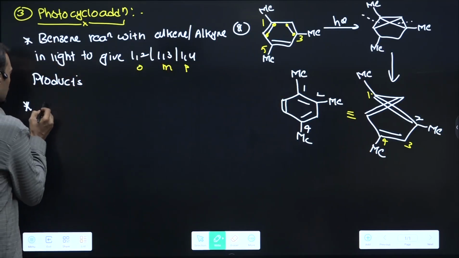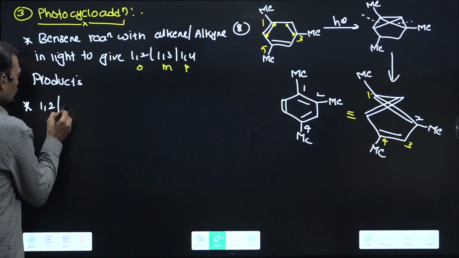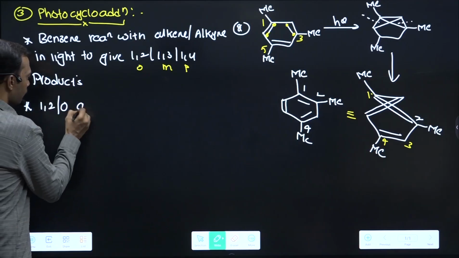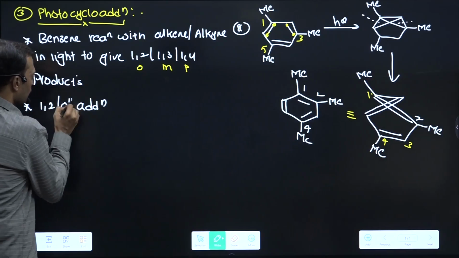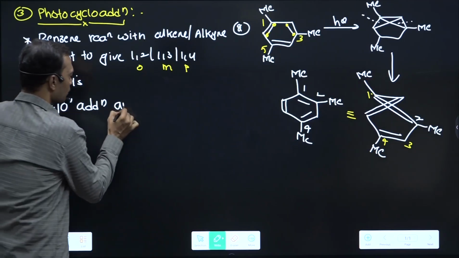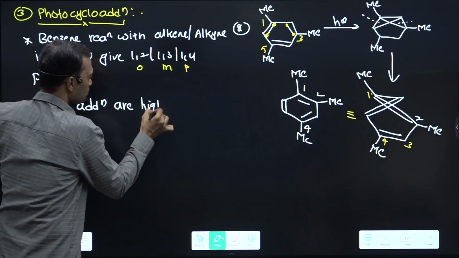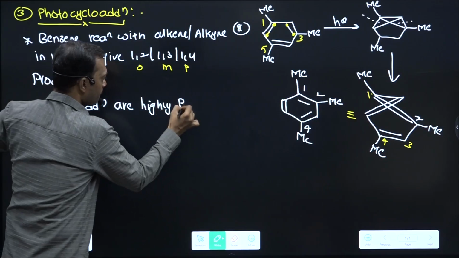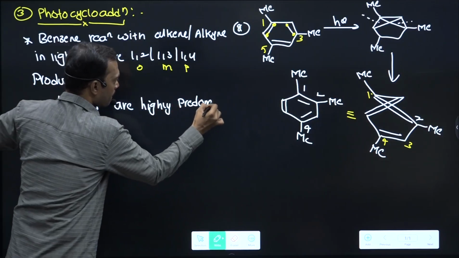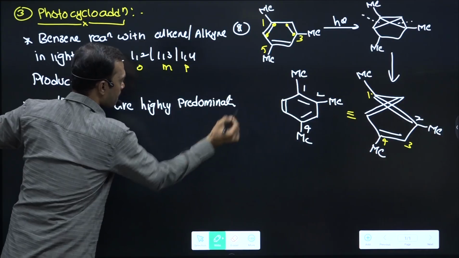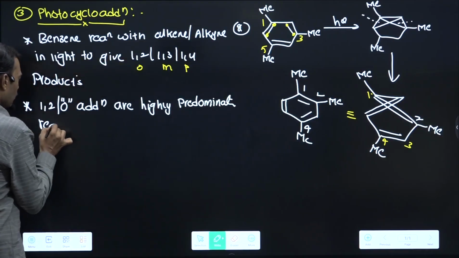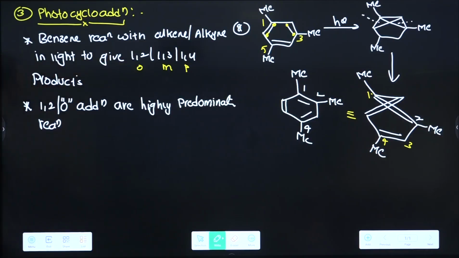Okay. See, 1,2 or ortho addition is highly predominant as compared to the others. 3 are possible, but the major is 1,2 only.